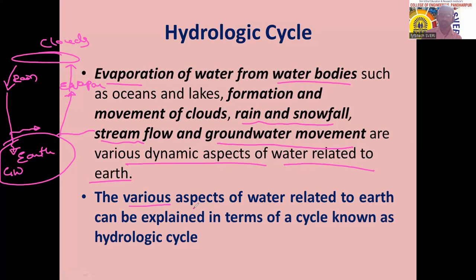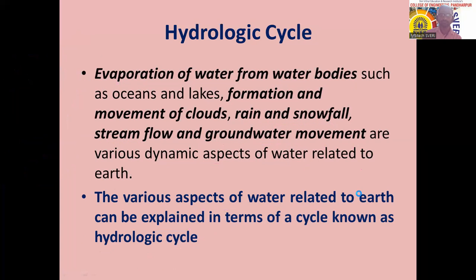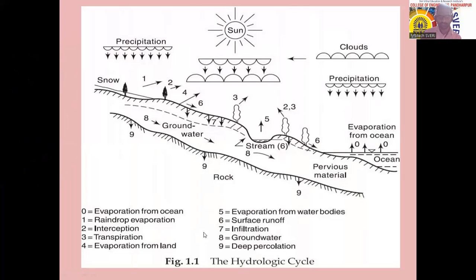The various aspects of the water related to the earth can be explained in terms of a cycle known as the hydrological cycle. So whatever evaporation, clouding, rain, groundwater you have seen, all this we study under the hydrological cycle. There is a figure you can see. In this figure you can see all the points whatever I have explained.